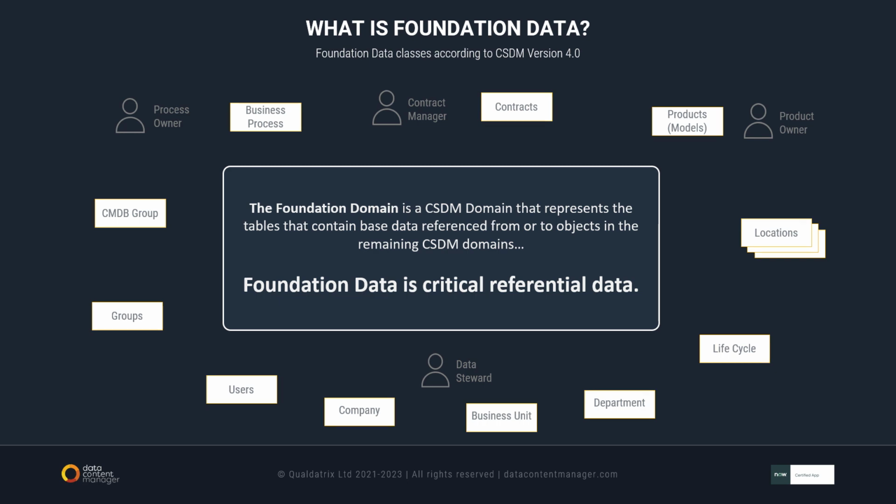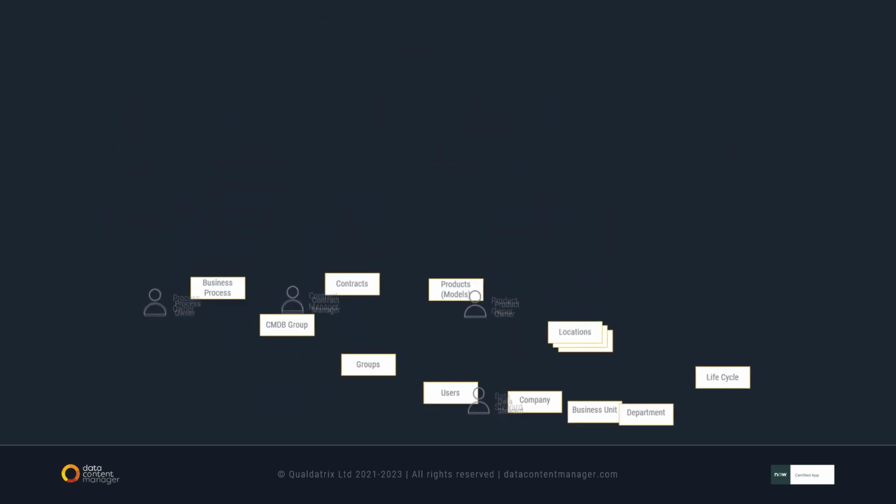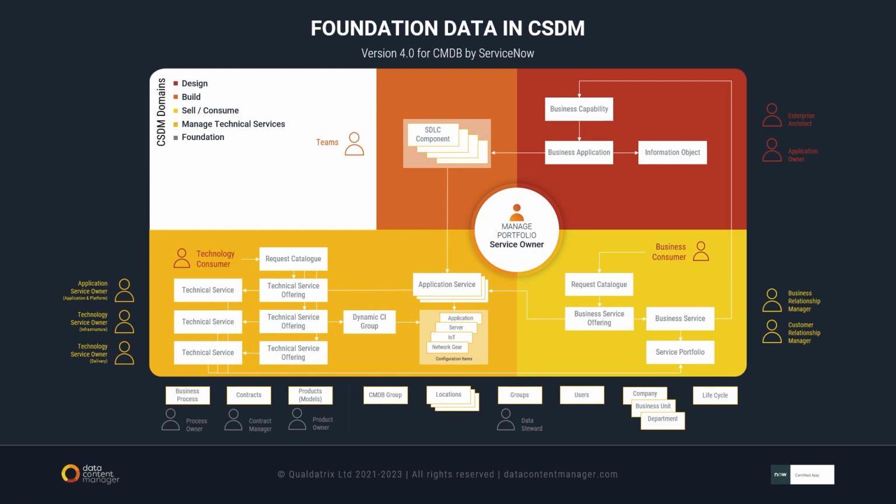If we look at the model as a whole, we see that the foundation data is there at the bottom, and it doesn't really make sense to draw it with relationships in the model because it relates to everything. So all the different CI classes, business application services, they all relate to foundation data and would have a lot of links. How does it work in practice? I mean, everything relates to foundation data. Can you show me an example?